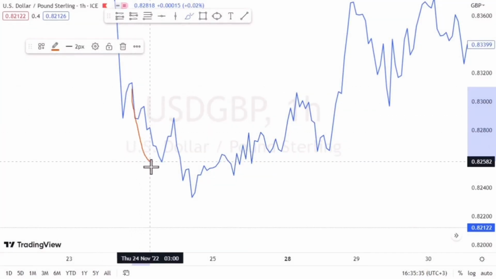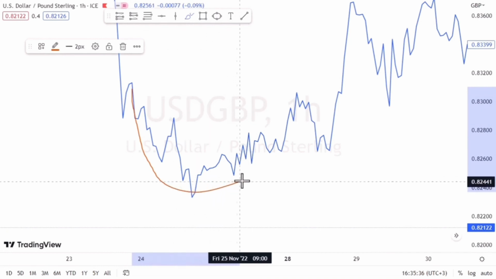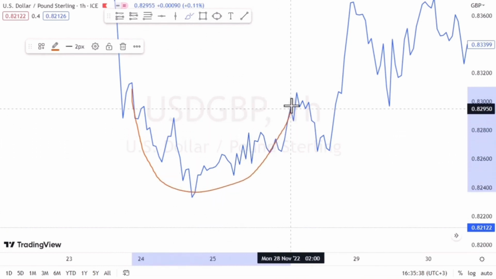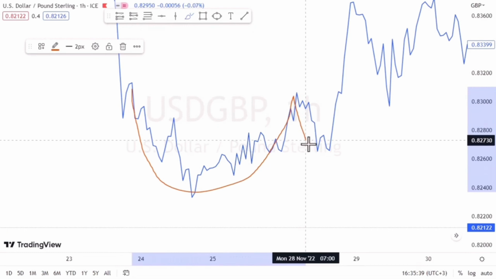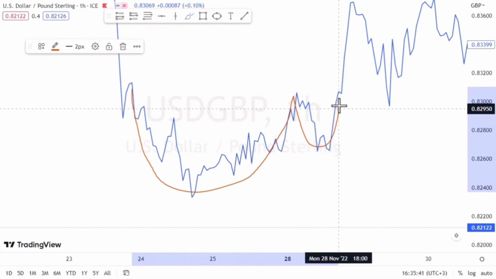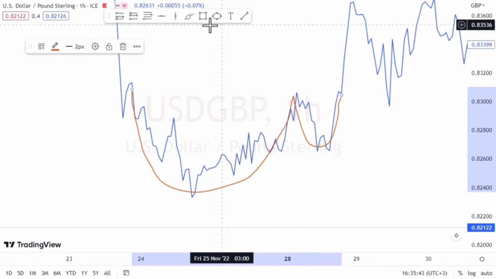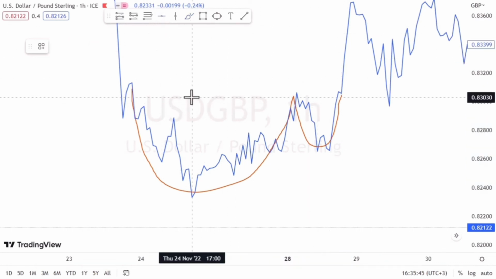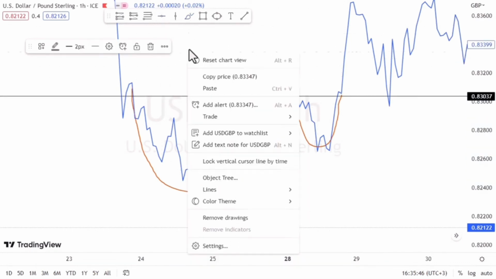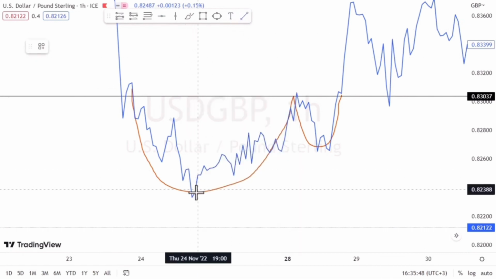As I told you, it's a more complex pattern, so I changed the chart to a line chart so you can see it in a better way. If you put a line here, you can see how this cup and handle works. This is our cup, and this is the handle. You see, it's the cup and it's the handle. How much will the price go up? It's really easy.